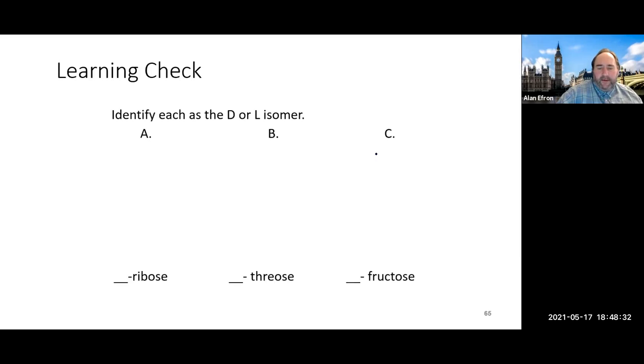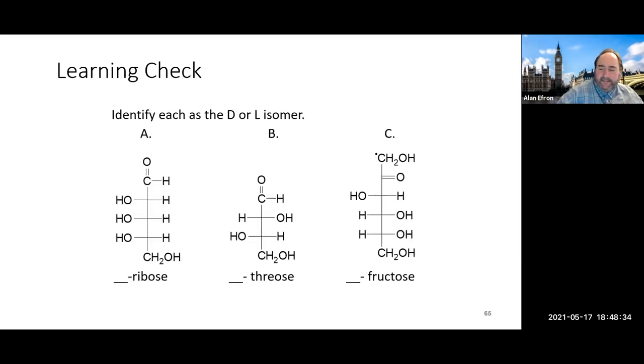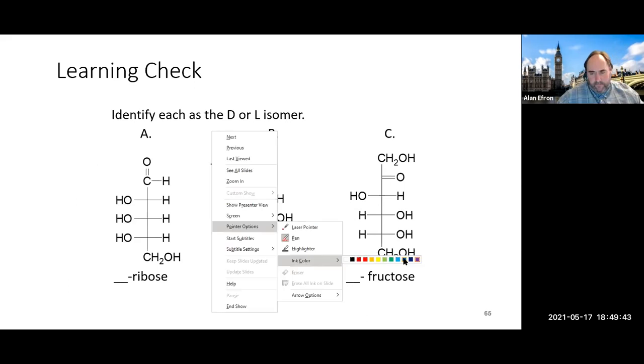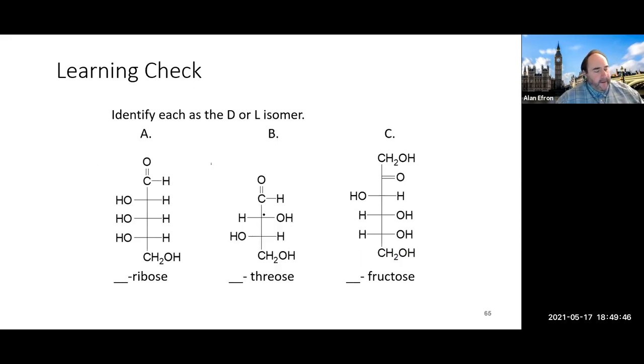So take a second here and decide: is this D or L for each of these? Okay, so again, we're always looking for the last chiral carbon from the carbon-oxygen double bond. If you count it, this is chiral, that is chiral, and this one right here would be chiral. That is the last one from the carbon-oxygen double bond.